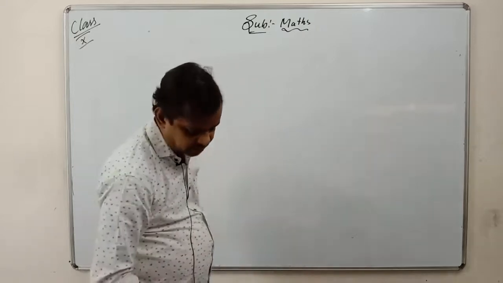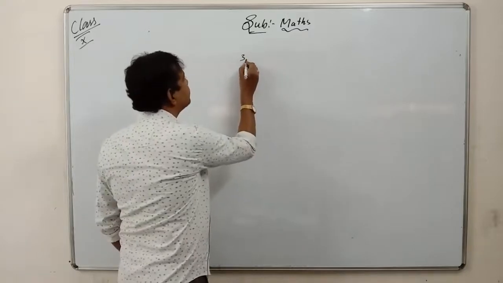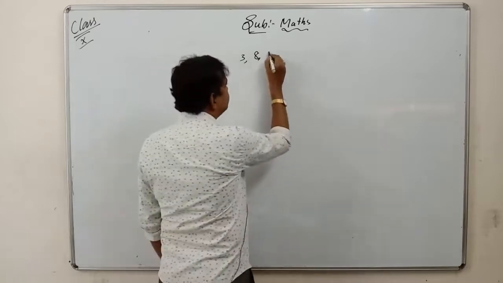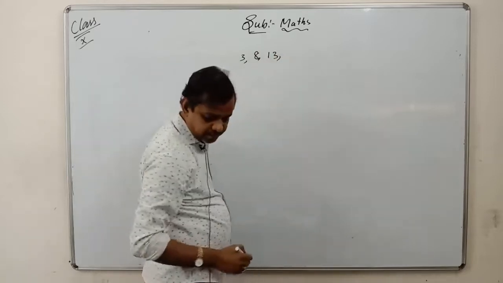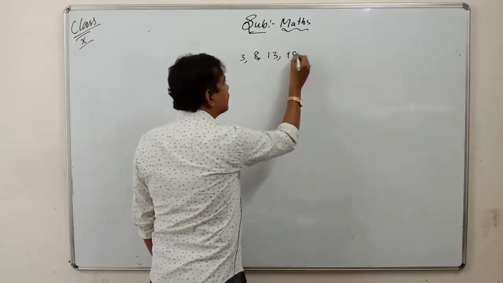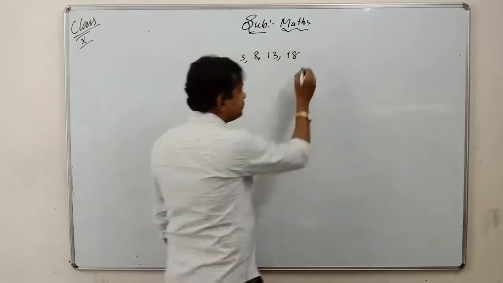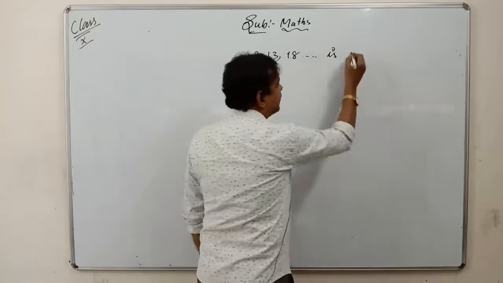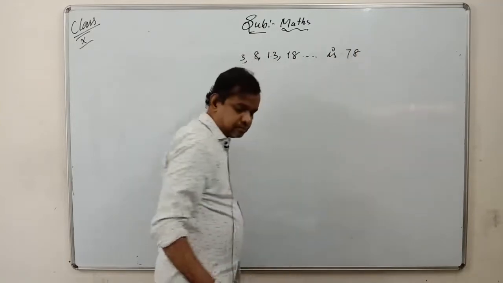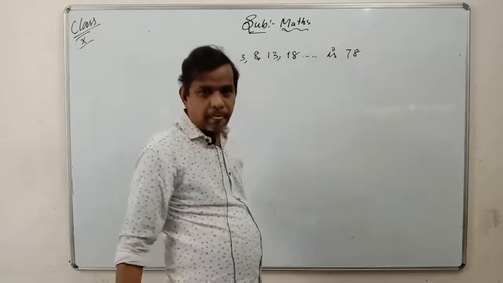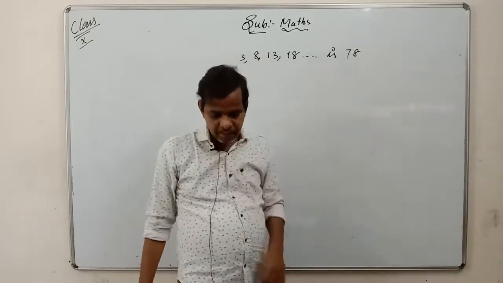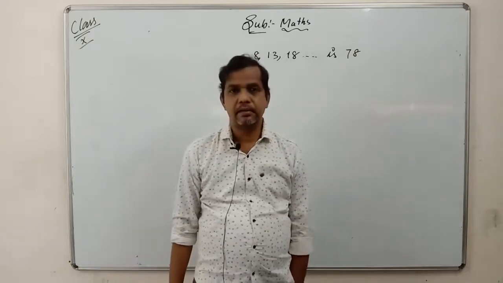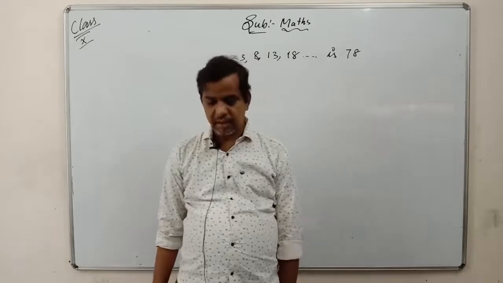Write it down there. Which term of the AP 3, 8, 13, 18 is 78?